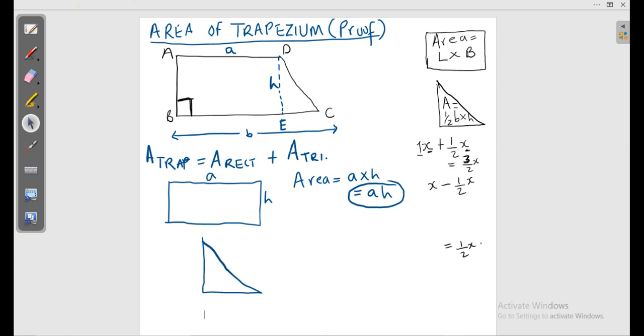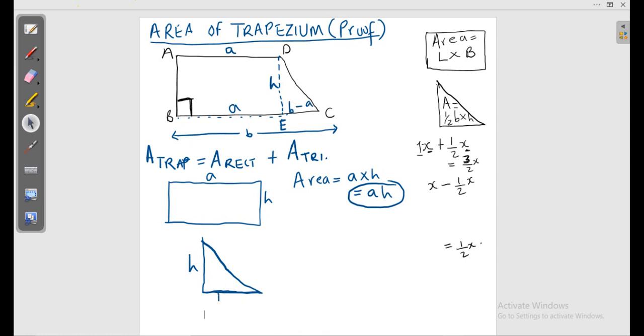Now we move to the triangle, triangle CDE, where the height is h. The base of this triangle will be calculated this way. Don't forget that BE will also be a, because opposite sides of a rectangle are equal. Since the whole length is b and I'm cutting out a, the remaining part will be b minus a.